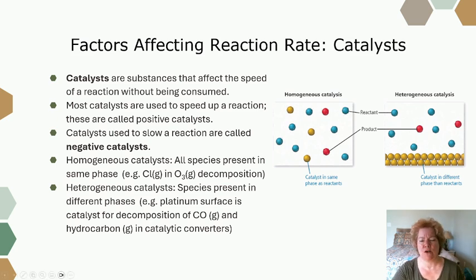And so we see that, so one example is the platinum surfaces in catalytic converters that will decompose the carbon monoxide gas that's produced, or sometimes unburnt hydrocarbons, and it decomposes them into more safe products. And so that platinum catalyst is a heterogeneous catalyst.